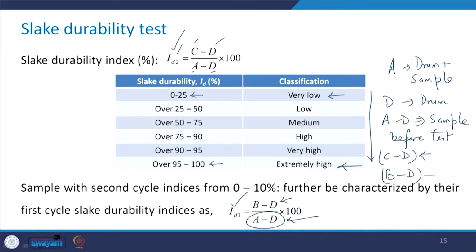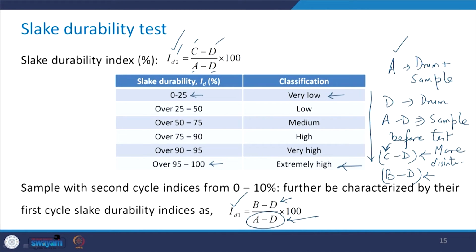Now, either you take a look at C minus D or B minus D. What does this represent? C minus D means what? C is the weight after the second cycle and D is the weight of the drum. That means this C will always be less than or equal to A. It can never be more than A. So, the lesser the value of C, the more the disintegration, because when more disintegration has taken place, more particles have gone out from that lump.